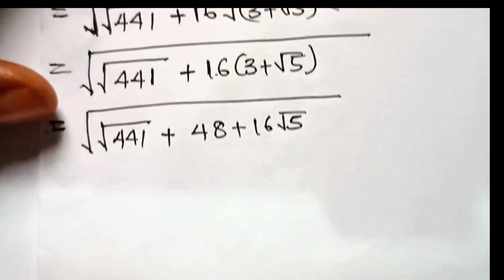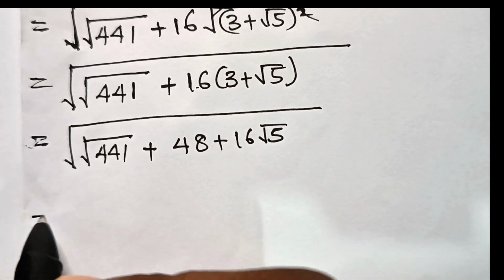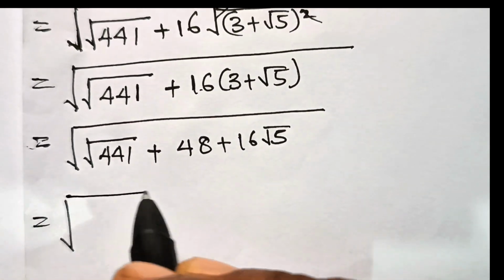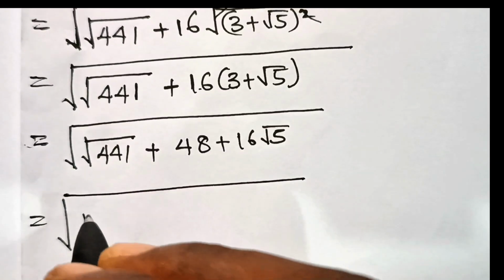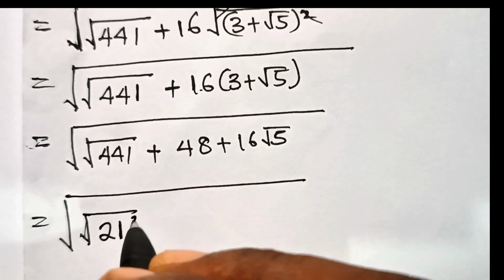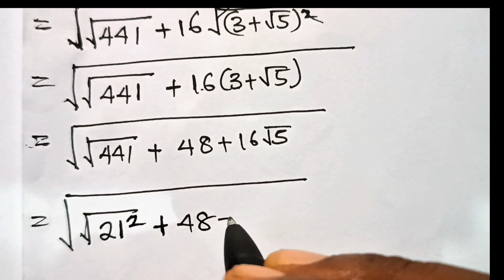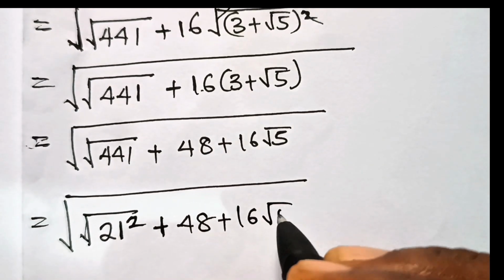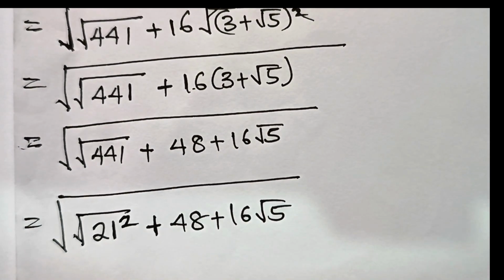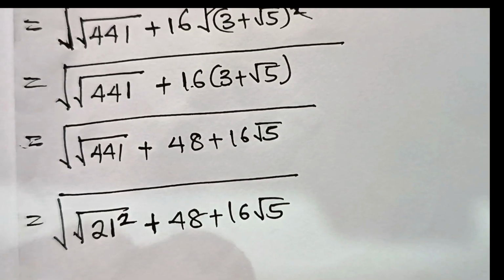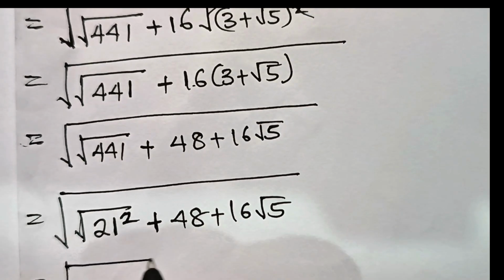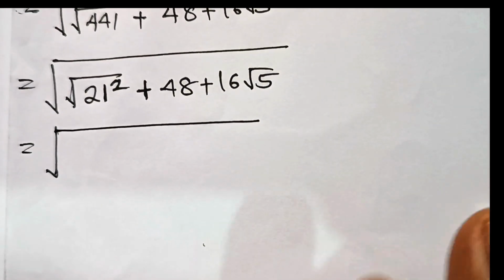So we are now going to write this to be equal to the square root of 21 squared plus 48 plus 16 root 5. So this will now give us the square root of this.